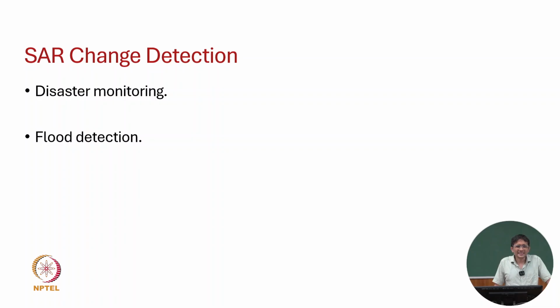In such a case, you need to work with different kinds of combinations, like optical pre-change and SAR post-change. Pre-change can be characterized using both optical and SAR images, whereas post-change is characterized using only the first available SAR image. As I said, change detection is something we'll be discussing in more detail in one of the subsequent weeks.